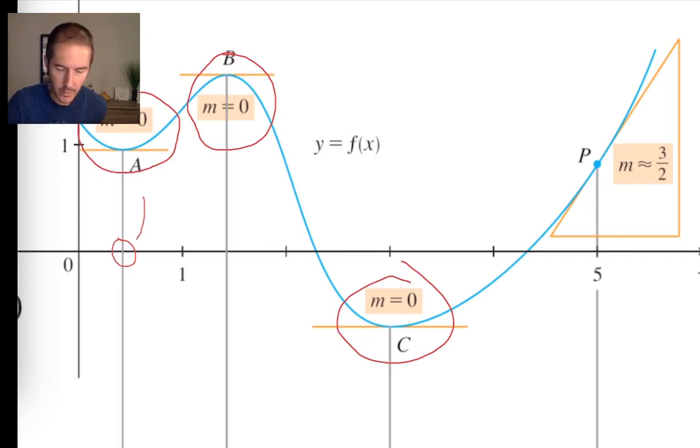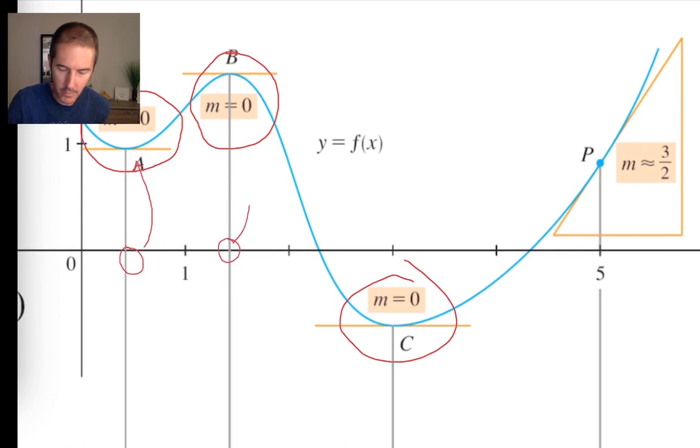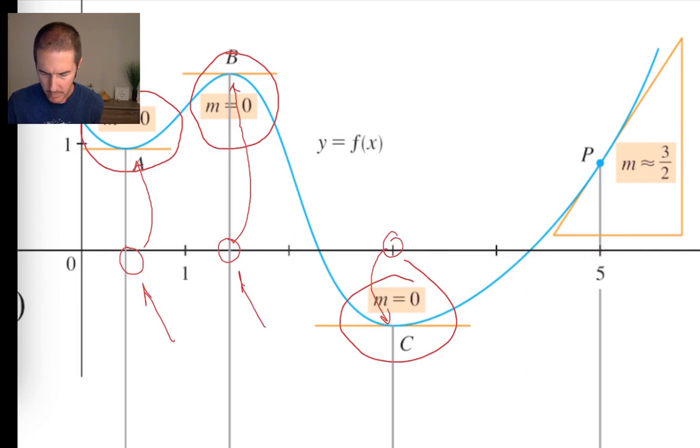At this x value, the slope of the tangent line is 0. At this x value, the slope of the tangent line up there, it is 0. At this x value, the slope of the tangent line is 0. So we're going to be graphing maybe 0.4, comma 0, 1.4, comma 0, and 3, comma 0.